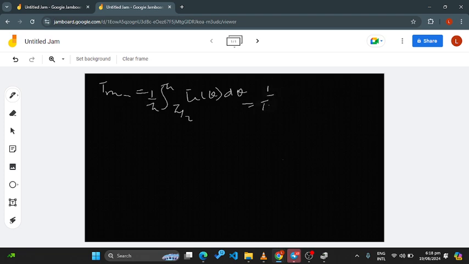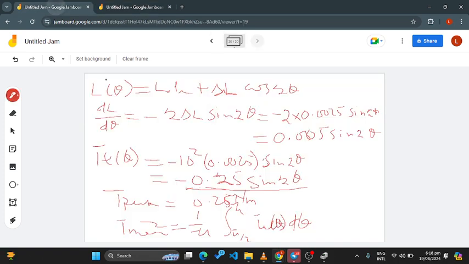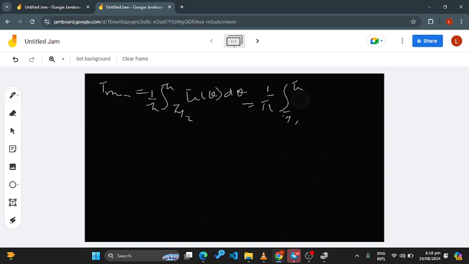So 1 on pi, integral from pi on 2 to pi, then we have 0.25 sine 2 theta d theta.